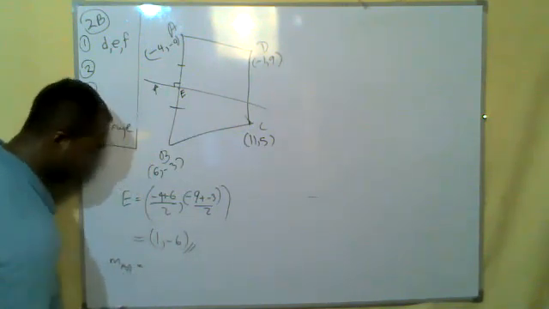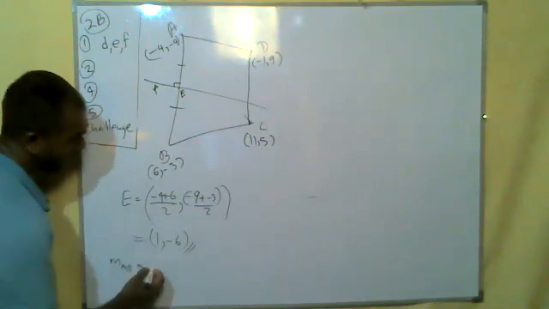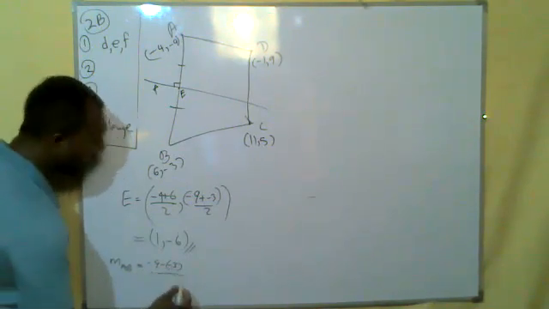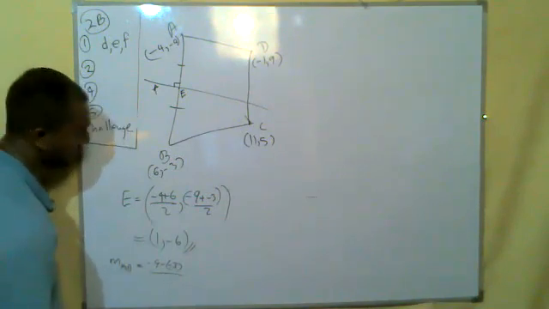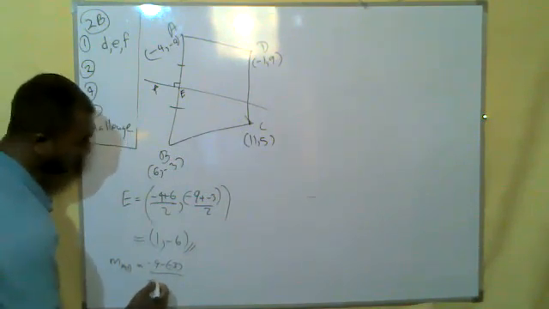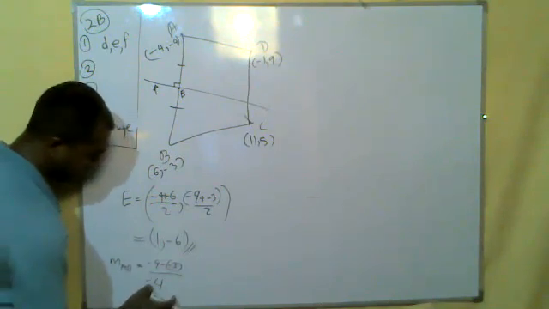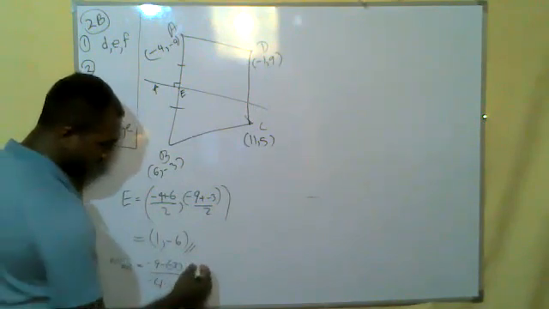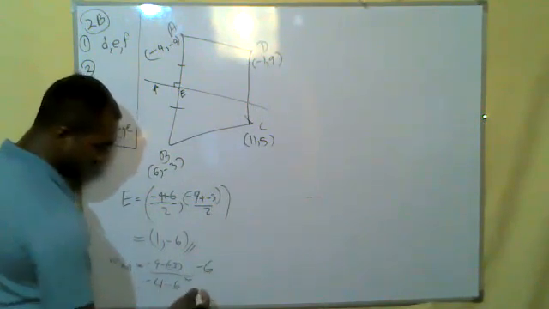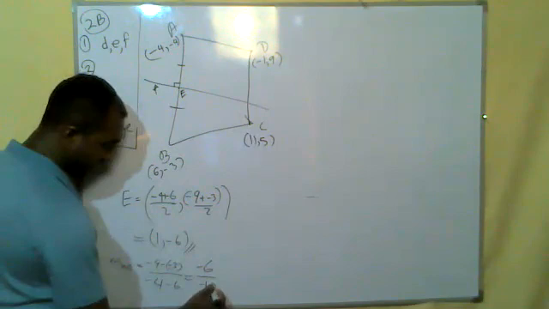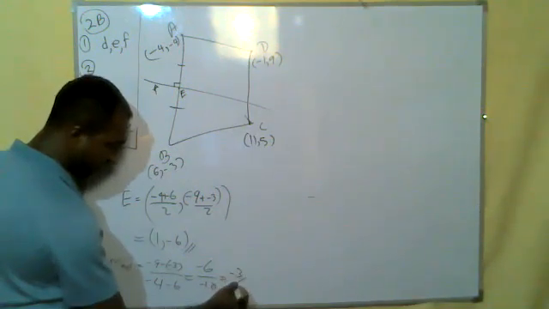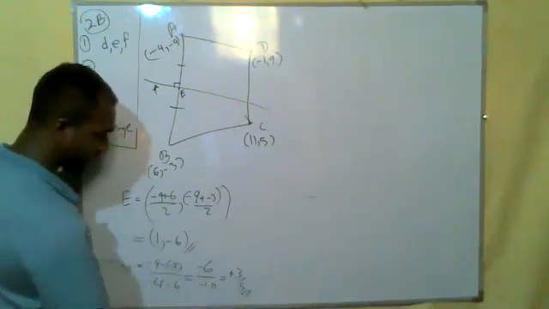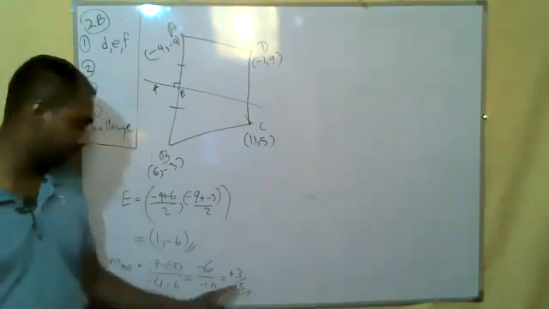MAB is equal to -9 minus -3 divided by -4 minus 6. So we have here -6 upside, downside we have -10. So it's like -3/5. Oh no, both are minus, so it's +3/5.